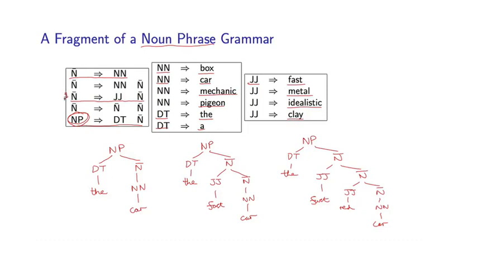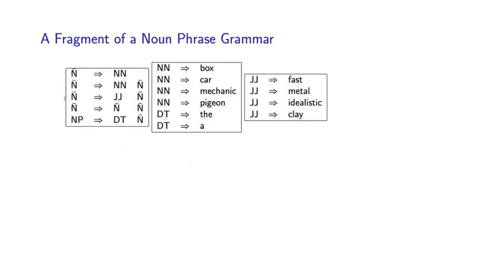Let's move on a little bit, and let's now look at how this rule can be applied. So I have a rule saying an N-bar can be formed by a singular noun followed by an N-bar. So let's give some examples. So again, I can have NP goes to determiner N-bar at the top of this.